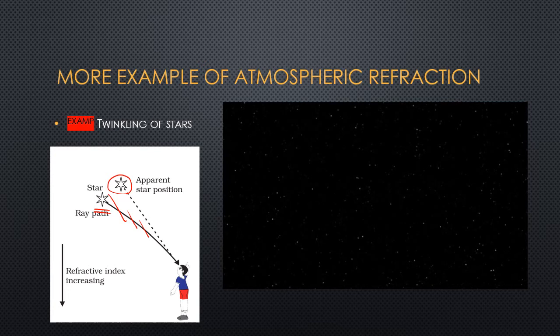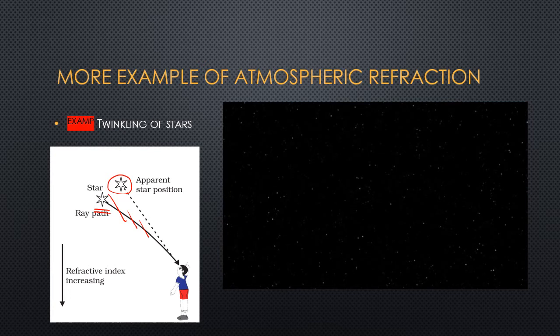As stars are very distant, we consider them as point-sized sources of light. As the path of rays coming from the star continuously changes because of the continuous change in the refractive index of the medium, the apparent position of the star is fluctuating, and the amount of starlight entering the eyes also changes, and it looks like it is twinkling.